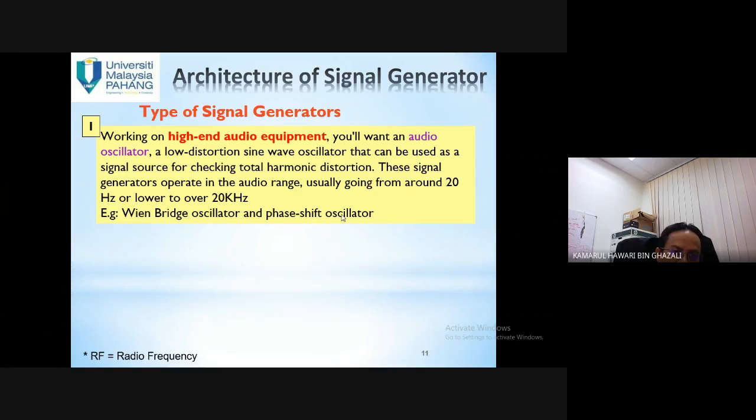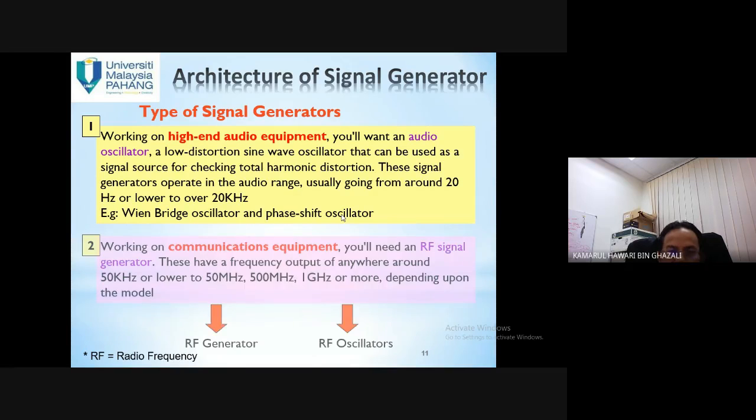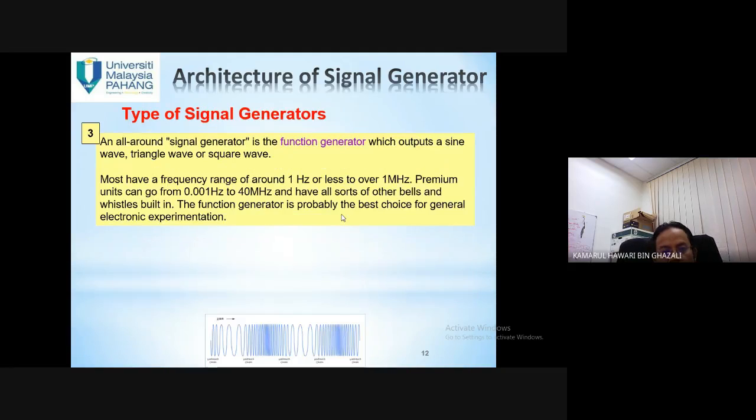These signal generators operate in the audio range, usually from around 20 Hz to over 20 kHz. If you are working on communication equipment, then you need an RF signal generator. These have a frequency output from 50 kHz or lower, up to 250, 500 megahertz, 1 gigahertz or more depending on the model. The all-rounder signal generator is the function generator, which outputs a sine wave, triangle wave, or square wave.